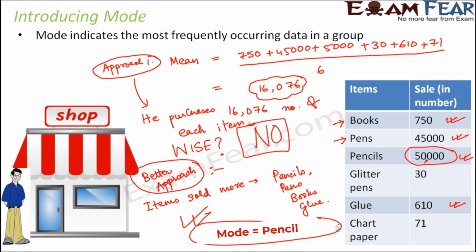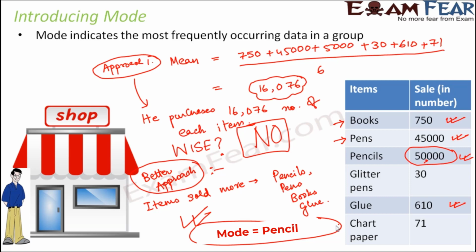Now, throughout a year, so the entire year, you just kept observing that shopkeeper and you found that most of the times, more than half of the times, he was selling a pencil. Right? So that pencil corresponds to the data that occurs maximum number of times. So when you look at the overall set of data, which data is more dominating?